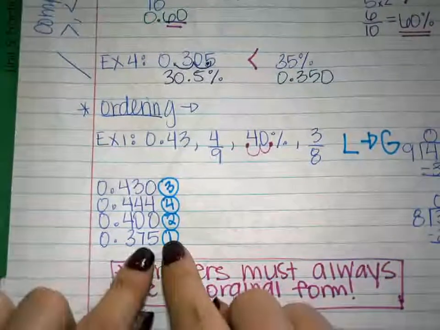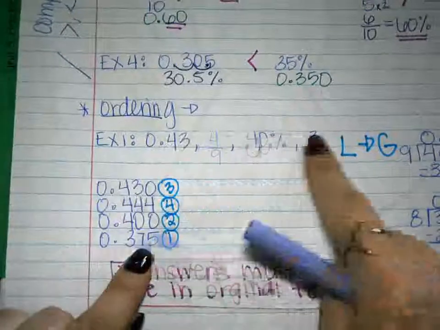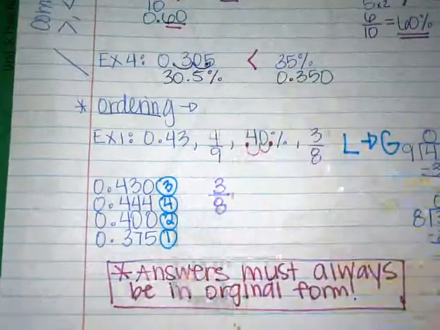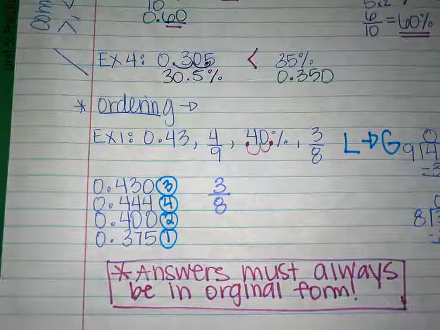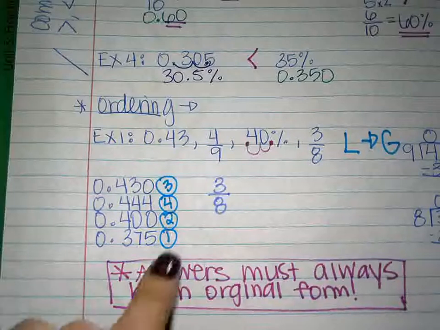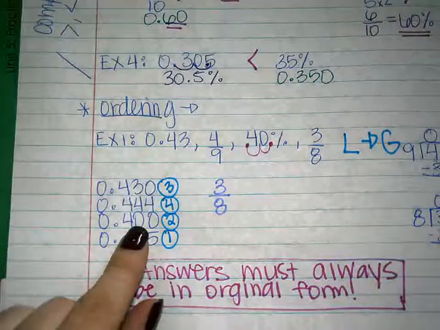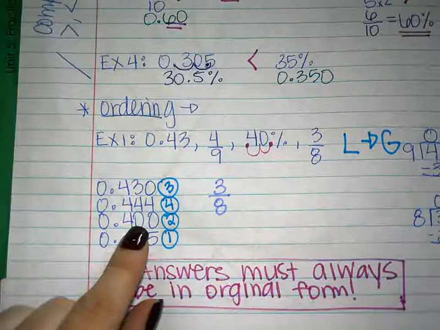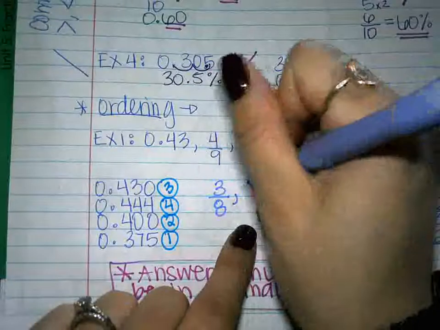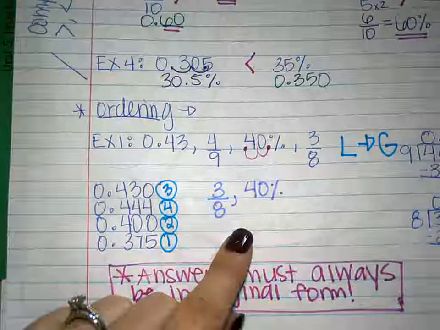Which means my smallest decimal was 0.375. What was that up above? 3/8. So I would write down 3/8 first, because that's the smallest number. That's what comes first. Then I had 400. Well, what was 400? 400 was 40%, so I put a comma, 40%.